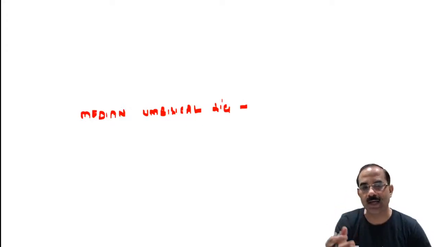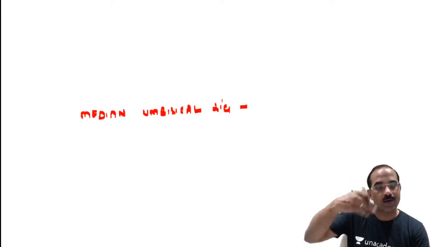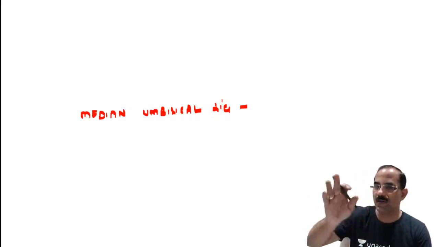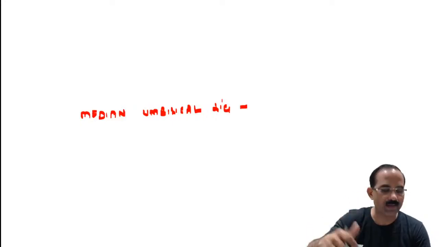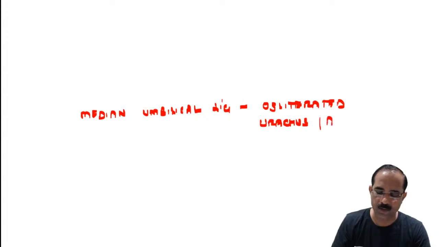What do you call this? As urachus or allantois. After birth this connection is gone, and this is what we call the median umbilical ligament. So this is the obliterated urachus or allantois.